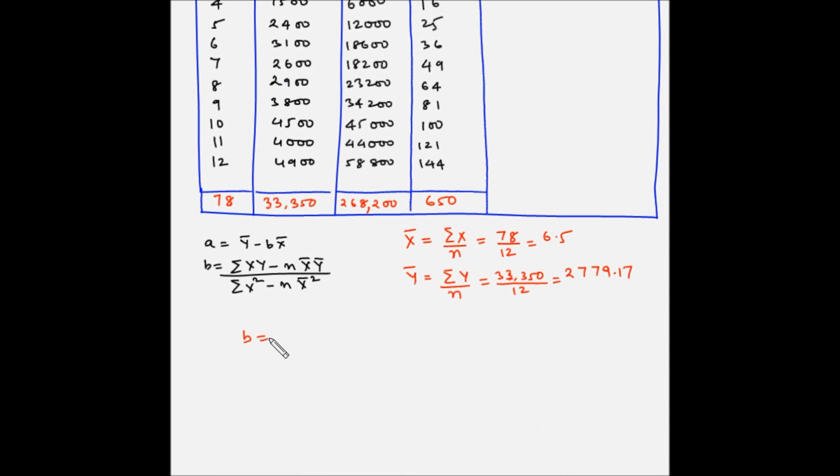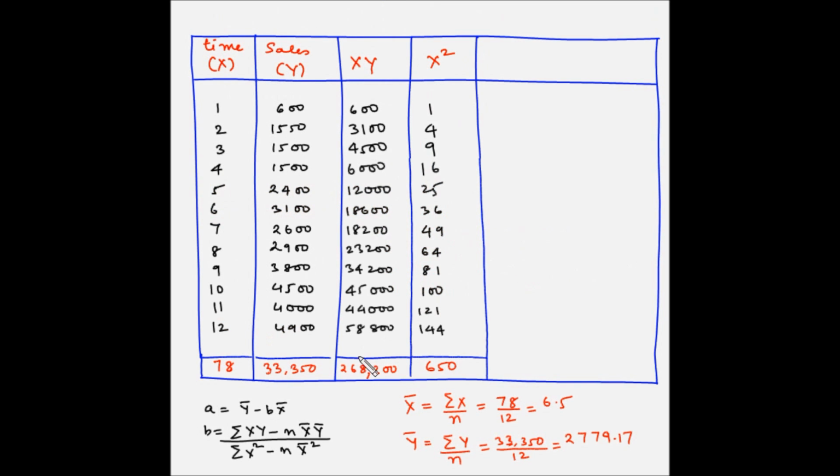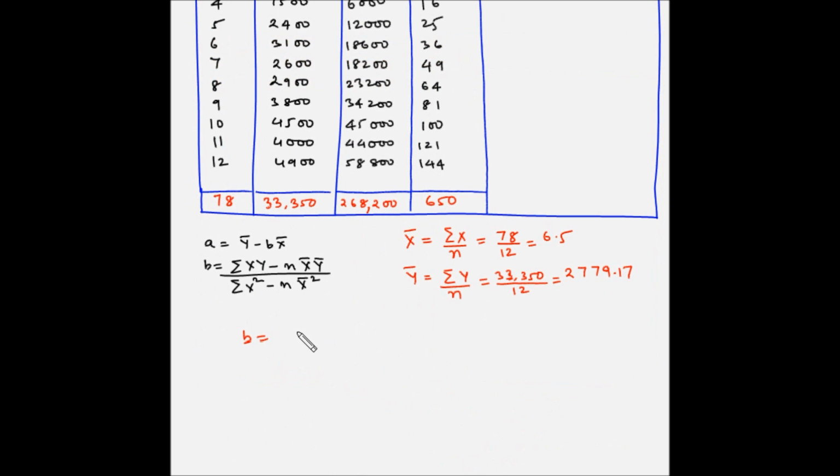So b is equal to sum of x, y, which is this. So 268,200 minus n, which is 12, multiplied by x bar, which is 6.5, multiplied by y bar, which is 2779.17, divided by sum of x square.